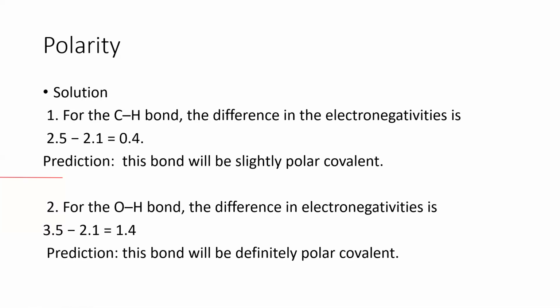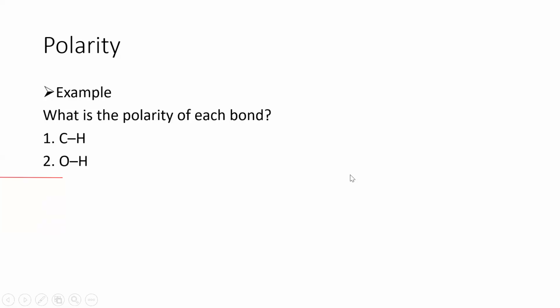Now let me exit this mode because I don't see anything there. So this is it. For the carbon and hydrogen bond, the difference in electronegativity is as follows. You look for the electronegativity of carbon and of hydrogen, then you subtract. When you subtract, you have 0.4, and it tells you that this bond will be slightly polar covalent.